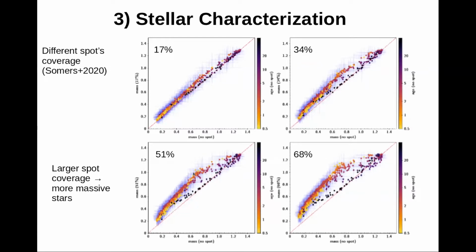But this is difficult to get, and also the spot coverage can be different in different stellar mass ranges. So it's a real problem to estimate reliable ages and masses from this method. But well, it's a good proxy to do evolutionary models using differential ages.